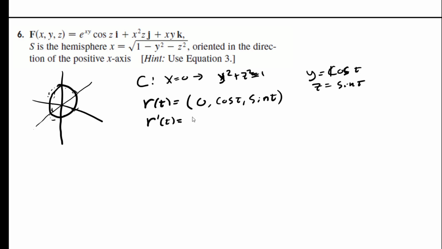I'm going to need r prime, so I do 0, minus sine, cosine. Okay, and then I need to rewrite f in terms of r of t.